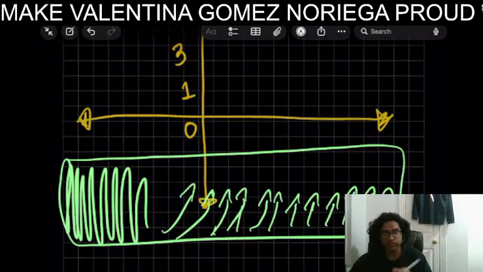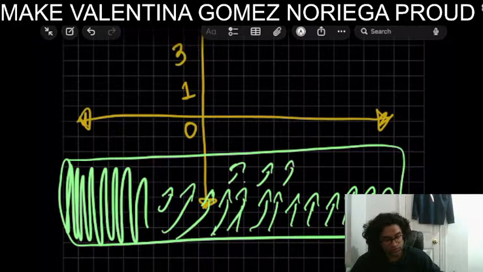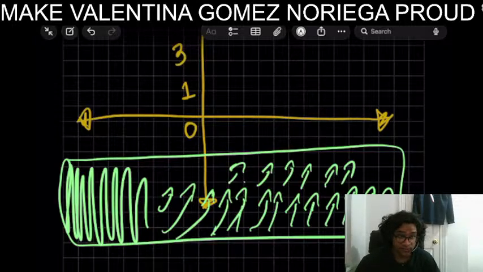If I were to pick -2, I'm going to get a positive value. -3, positive, -4 positive, -5 positive, -6 positive, and so on. Because anything less than 0 gives me a positive value, my arrow will go upwards. So that is for less than 0.